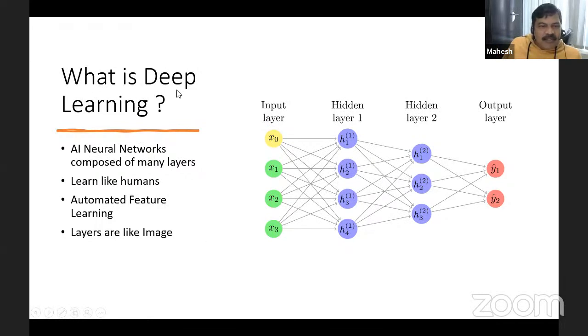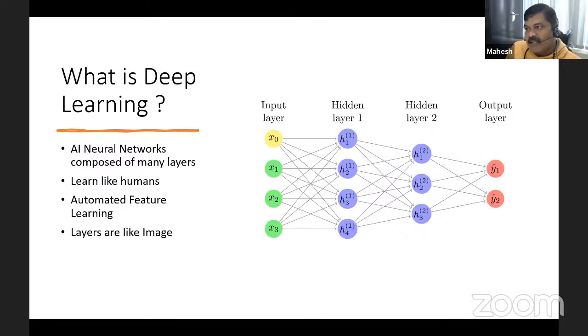So this is the agenda for today's talk. Let us start with deep learning. What is deep learning? As all of you are aware of the artificial neural network, this idea came from the human brain actually. People try to mimic the human brain.